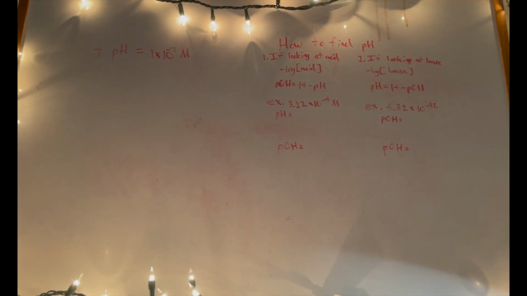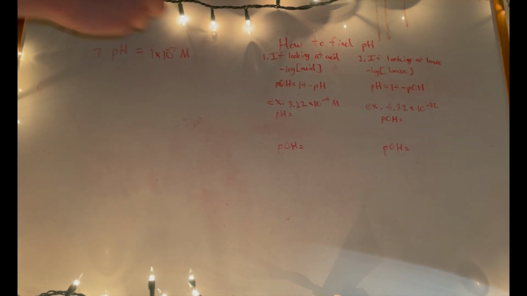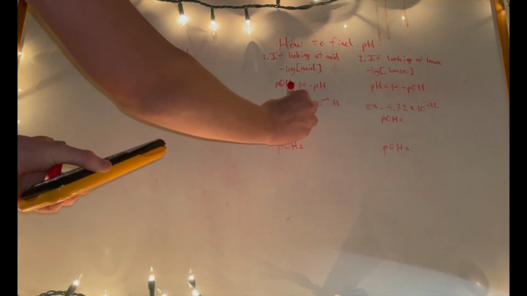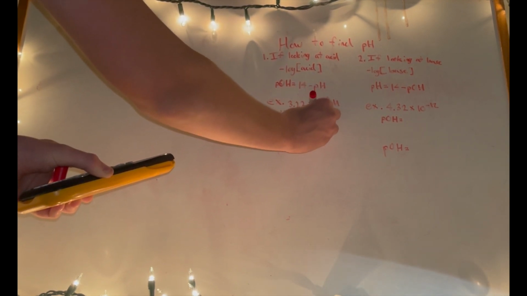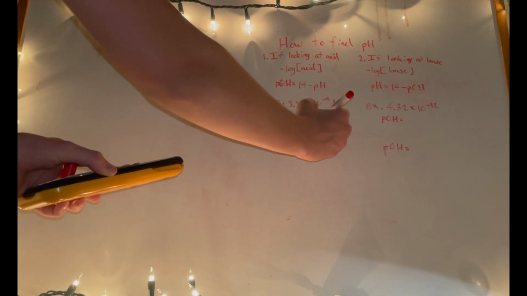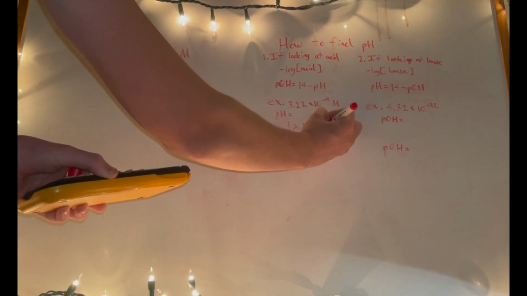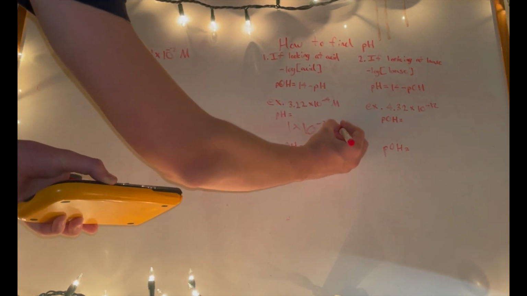I'm just going to keep it in the sig figs of 3, so that is the same thing as 1 times 10 to the negative 3.49.